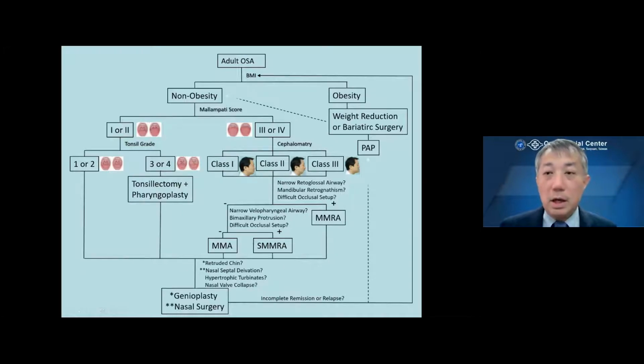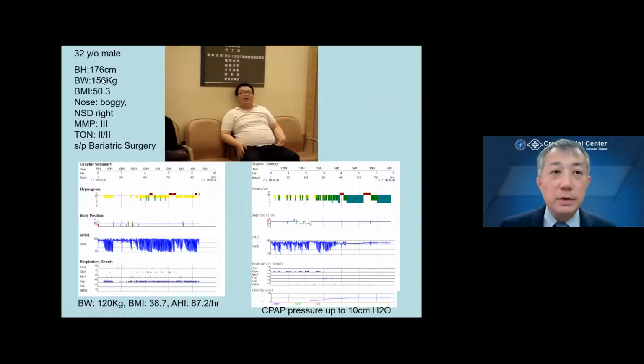After this flow chart, we should go back to check whether the patient has some improvement or cure for their OSA. If not, we have to do further evaluation and find out what we can do next. For this young male patient, he has quite a high body weight, and the BMI was 50 initially.